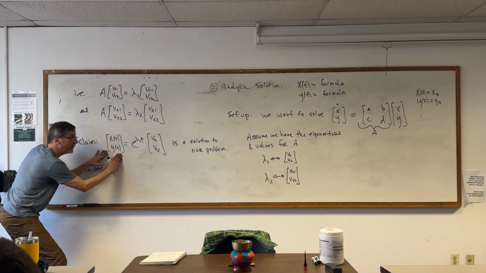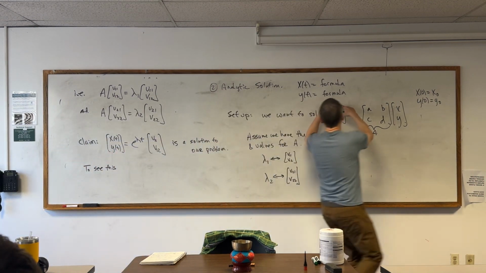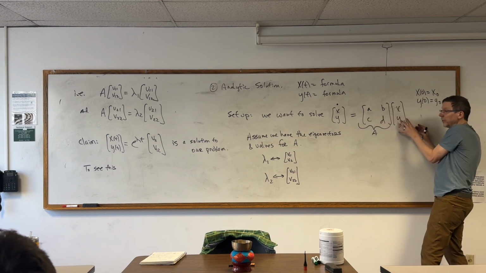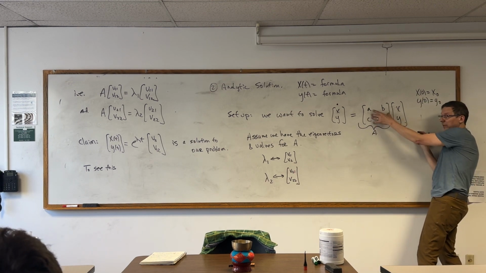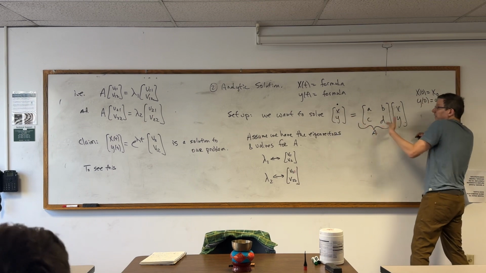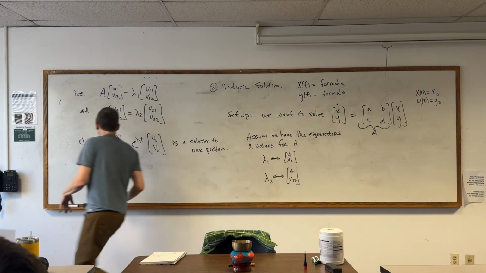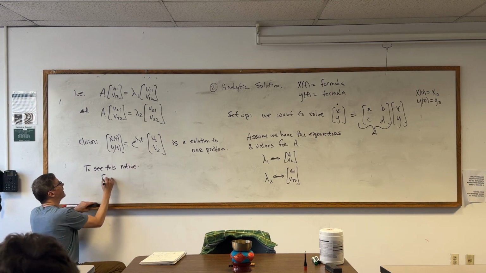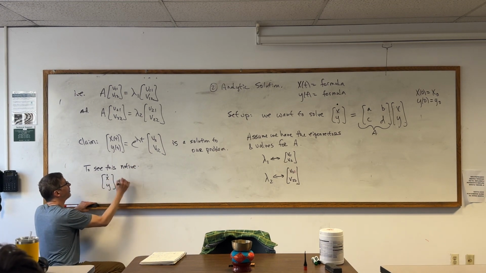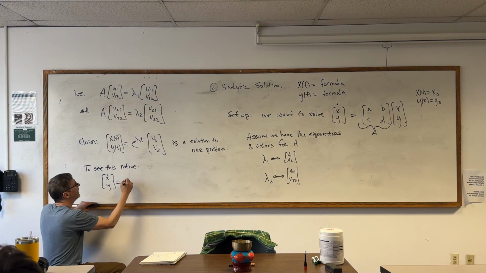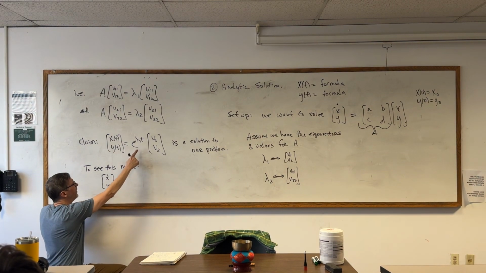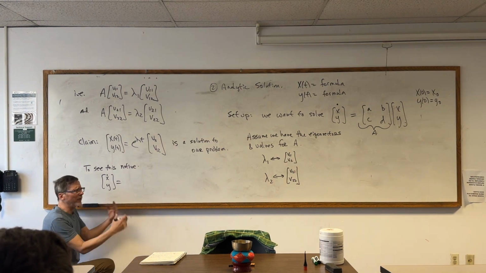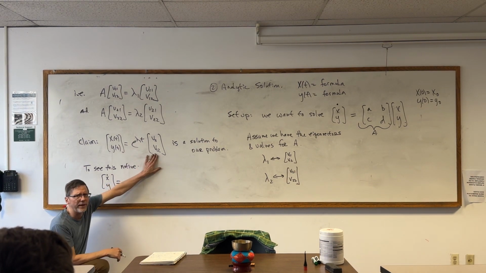So look, here I've got this. I'm going to find the derivative with respect to t of that vector. I'm going to multiply that vector times this matrix A, and I'm going to show that the left side is indeed the right side. So to see this, notice that x dot, y dot, now I'm suppressing the of t again, is, what is the derivative of this? It's kind of weird because it's a vector, but don't think too deeply. That's just a constant.